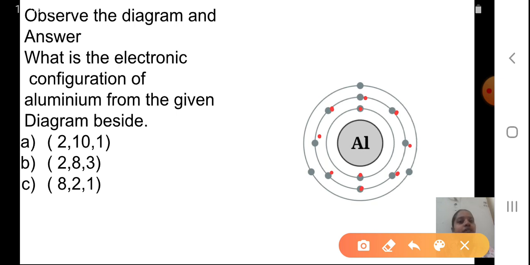Yes, they are. So do you think option B can be correct? And the third shell, 1, 2, 3. So my option B is the correct option. So what is the electronic configuration, students? 2, 8, 3. Did you understand how this type of question can come?